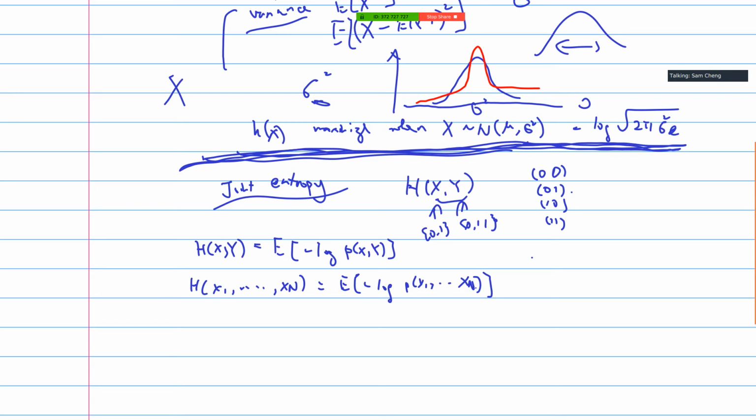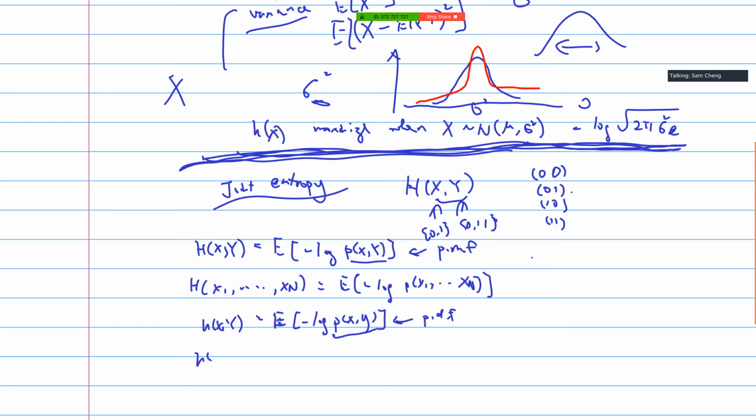Now for differential entropy, we do the same thing. It's exactly the same expression: H of xy is the expectation of minus log p xy. But of course, here p is the PDF, the probability density function, instead of the PMF, the probability mass function.